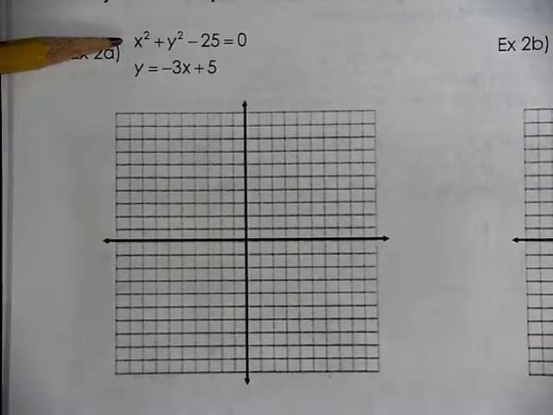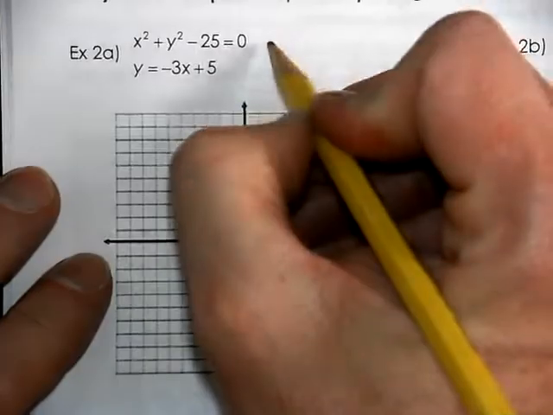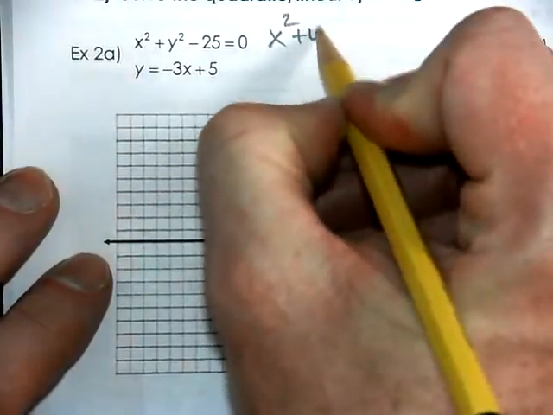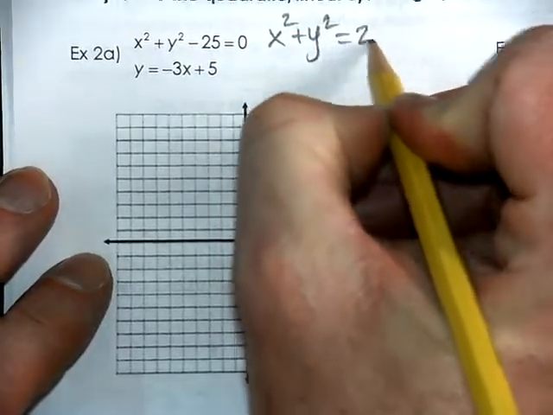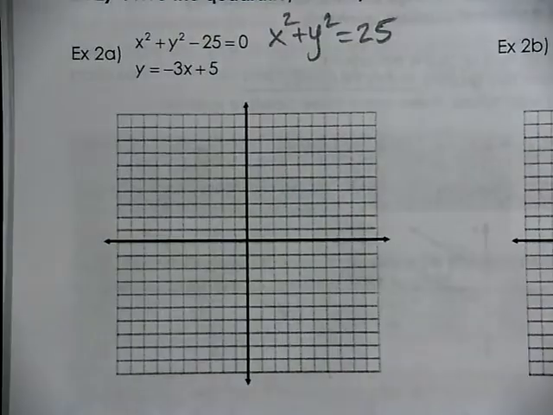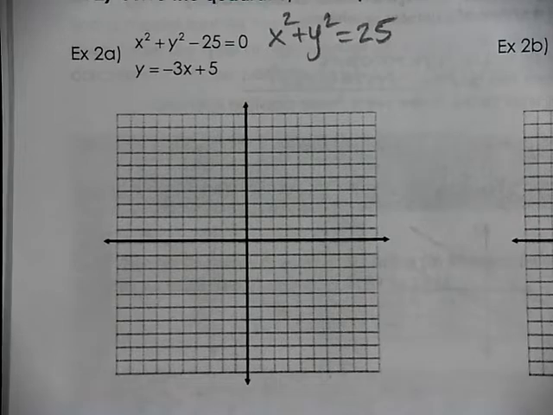Do we need to do anything to this equation so it's in a format that we like it to be? We're going to add the 25 to both sides. Do we need to complete a square?